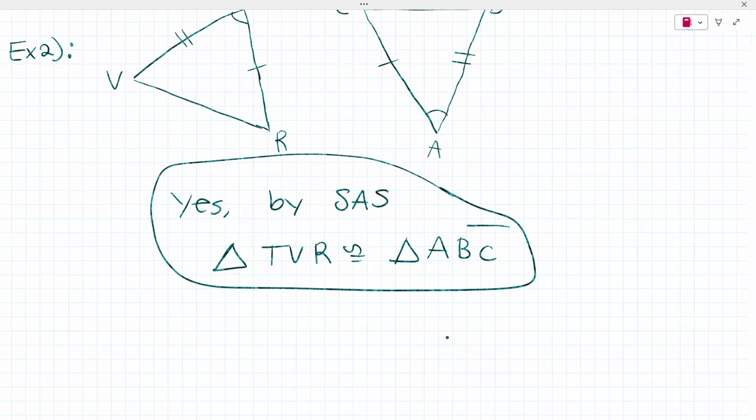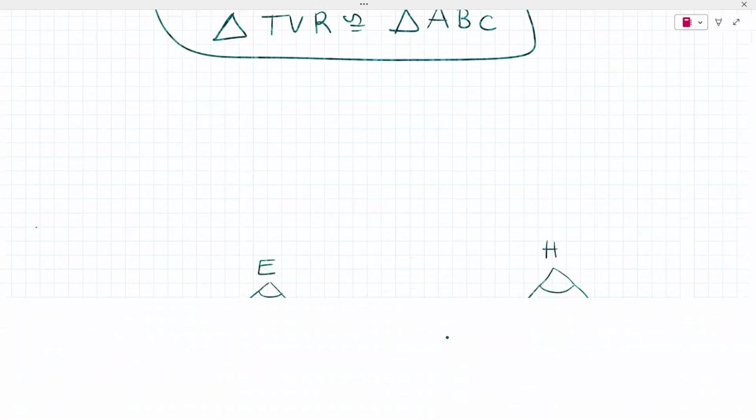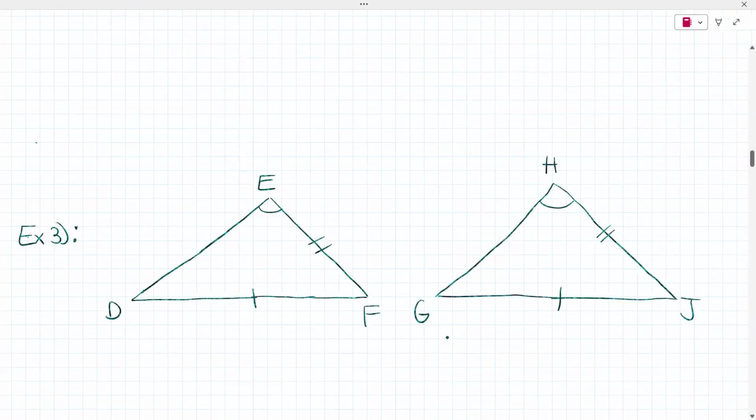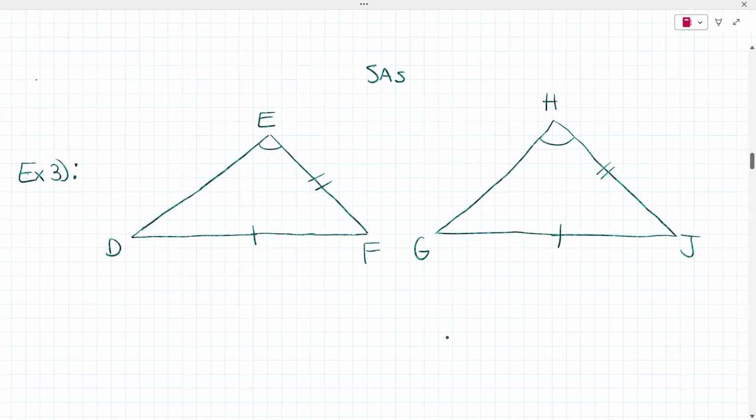Okay, let's move on to example three. Are these two triangles congruent by the SAS, side-angle-side, postulate? Let's look at this triangle. We have a side, but we have a problem. Do you see the angle? It's not between these two sides. So it wouldn't work, but it would work if the congruent angle was angle F, because angle F is between the two side lengths.